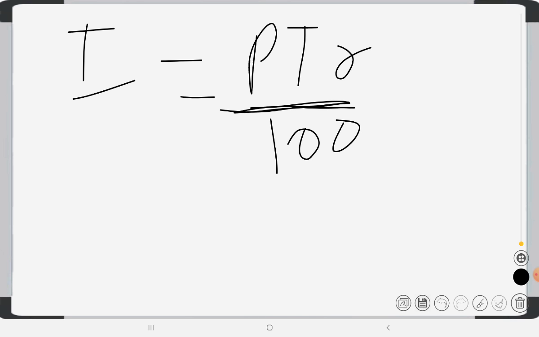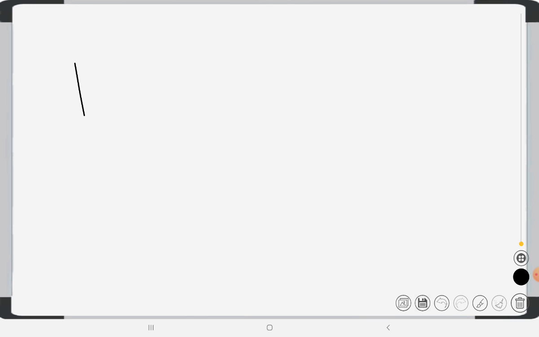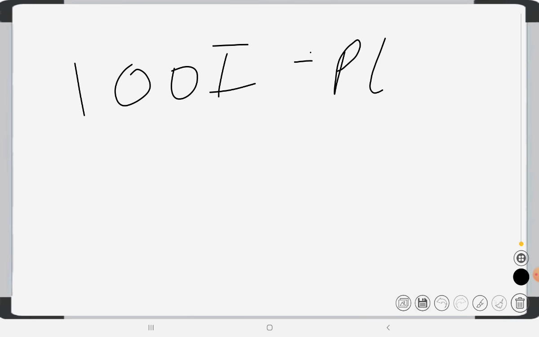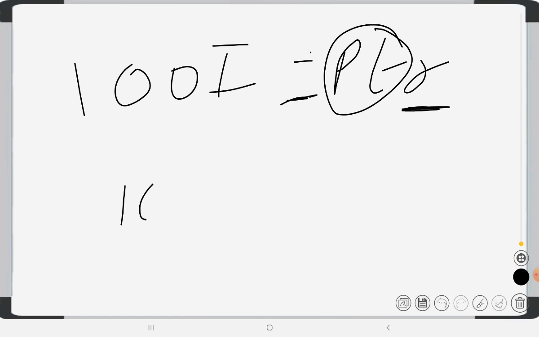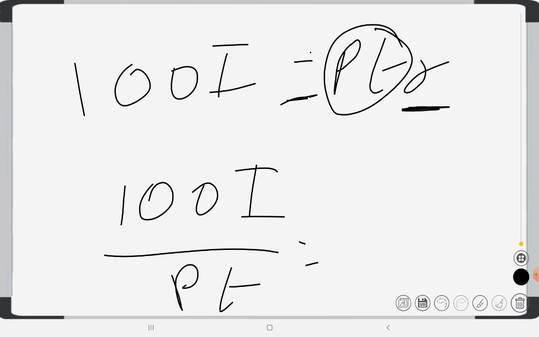The 100 is dividing here. If it goes to this side, it will get multiplied. So 100I is equal to PTR. We need to find R here. So P into T is multiplying with R. If it comes here, it will be divided. 100I by PT is equal to the rate of interest. 100I by PT is equal to R.